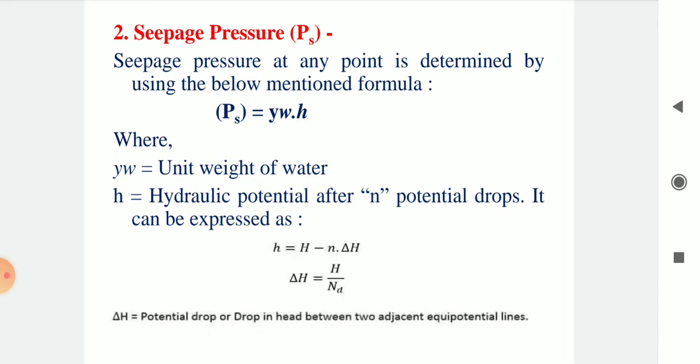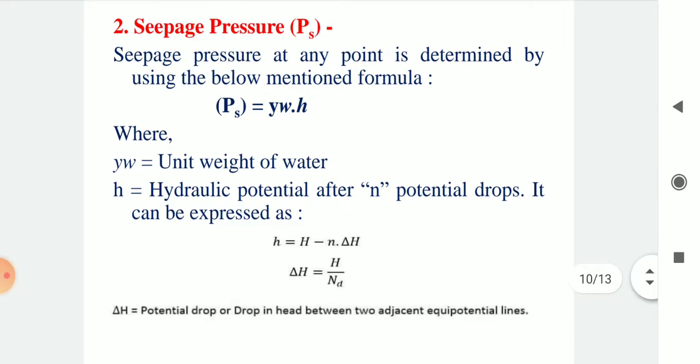It can be expressed as h = H − N · ΔH, where ΔH = H/ND, and ΔH is the potential drop or drop in head between two adjacent equipotential lines.